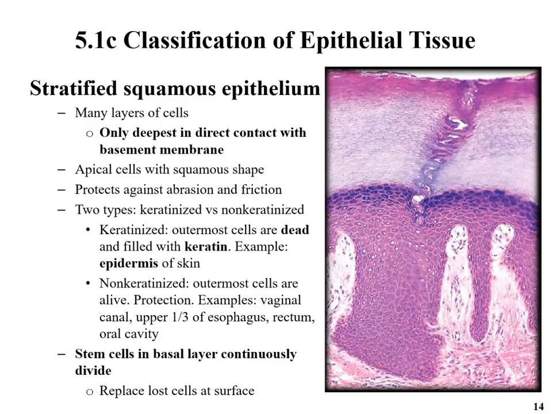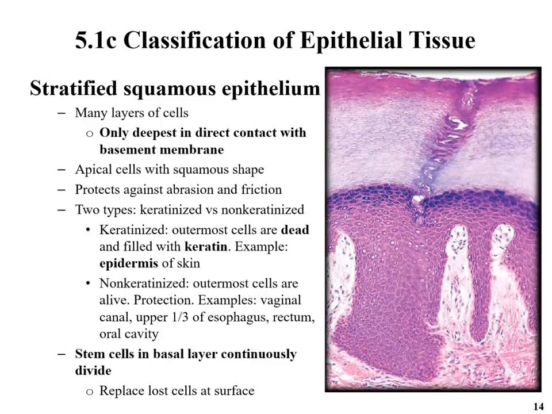In the keratinized type, the outermost cells die and are filled with keratin. An example of this is the epidermis of the skin. In the non-keratinized form, the outermost cells are alive, and this serves as protection as well. Examples would be the vaginal canal, the upper third of the esophagus, the rectum, and the oral cavity, okay?